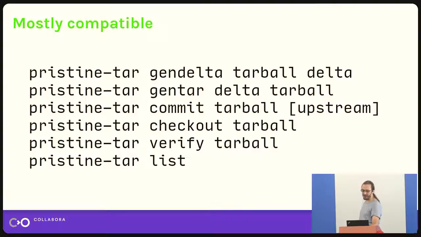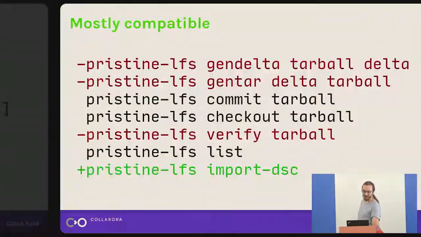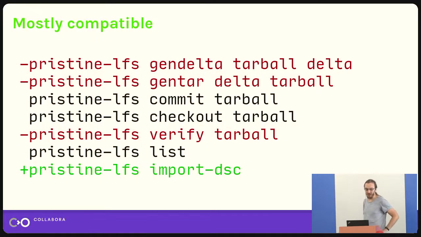So the command line interface was intentionally made almost the same as the pristine-tar command line interface. So this is pristine-tar, how it looks, and this is pristine-lfs. This removes the commands that are not necessary, the low-level commands generate-delta and generate-tar.